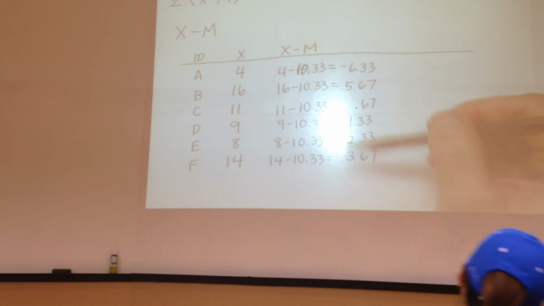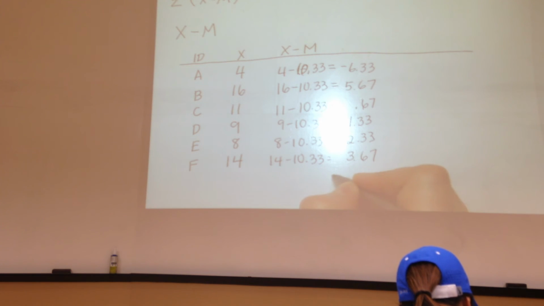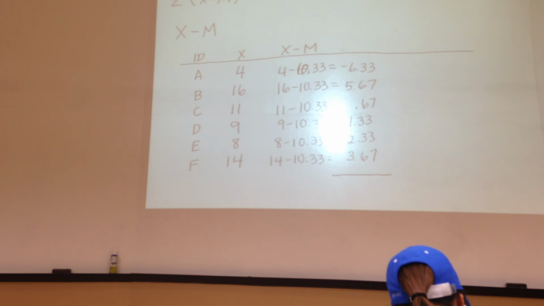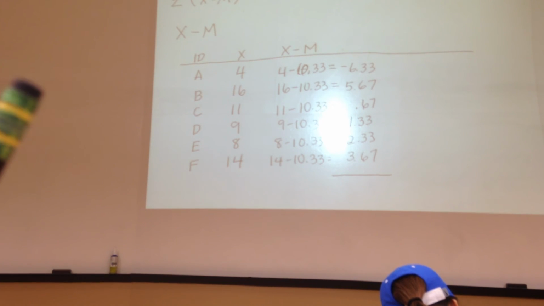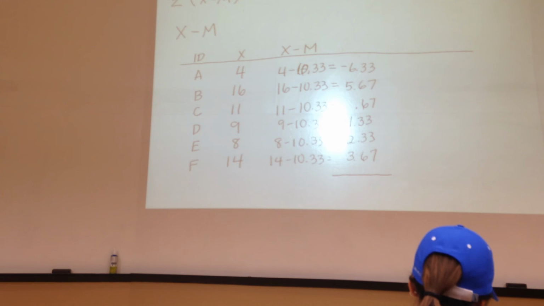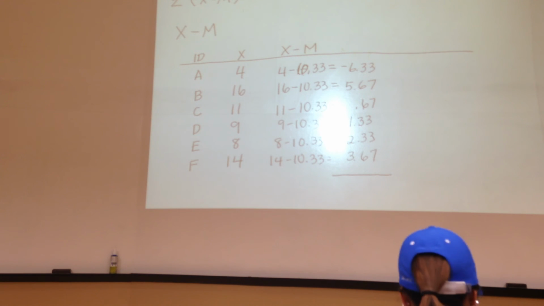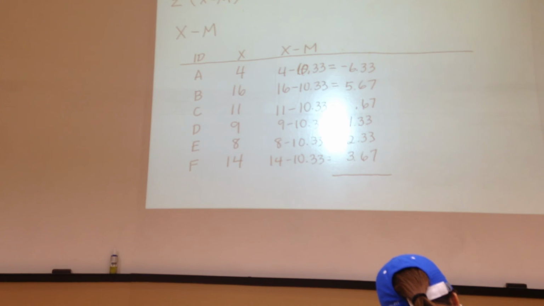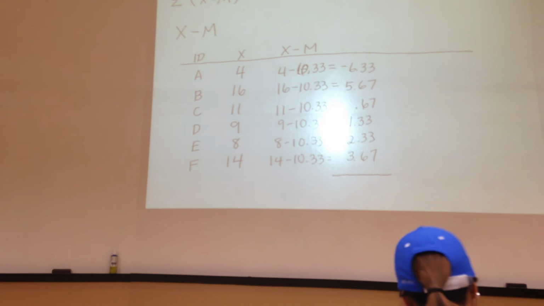Those are the deviations. Now, the deviations tell us about how far away each score is from the mean, right? Since the mean is like the balance point, it's right in the middle. That means that if we add these up, what should that number be close to? 0. Now, it might be a little bit off from 0 since we're rounding. We could have a little bit of rounding error.